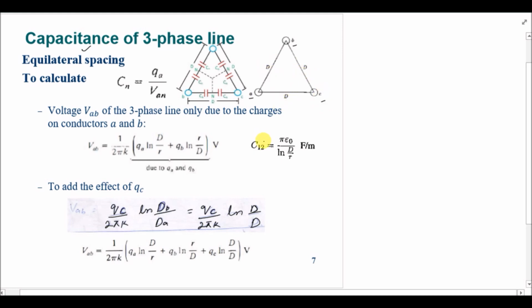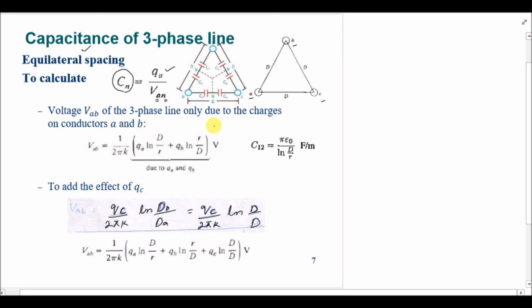to D. We have to find the line to neutral capacitance, and the formula for the line to neutral capacitance is the charge over that conductor divided by the voltage between that particular conductor and the neutral point. This is the scenario that we will be discussing and using to formulate the formula.